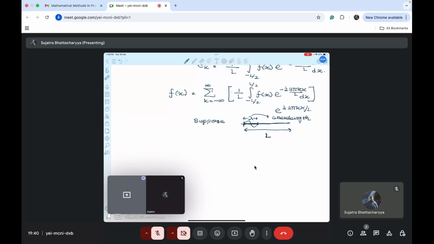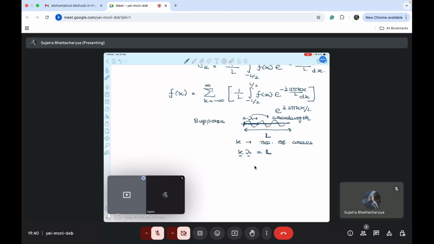So we can write, if now k is the number of waves, therefore k into lambda will be equal to L. The total segment is divided into k number of waves. So k lambda should be equal to L. Number of waves times the one wavelength becomes the total length of the segment.